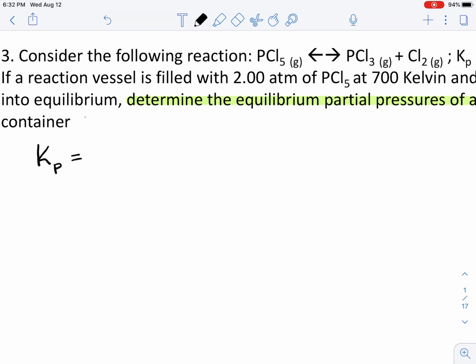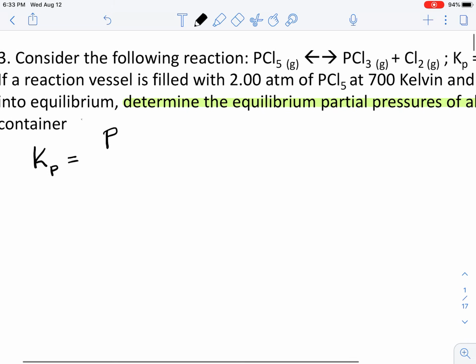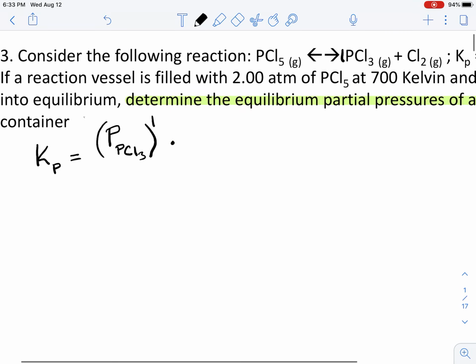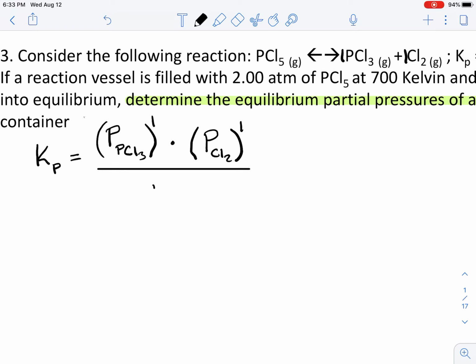So what we have is the partial pressure, abbreviated as capital P, of PCl3, raised to the first power because there's a coefficient of 1, times the partial pressure of Cl2 raised to the first power, divided by the partial pressure of PCl5, which is our reactant, once again raised to the first power.